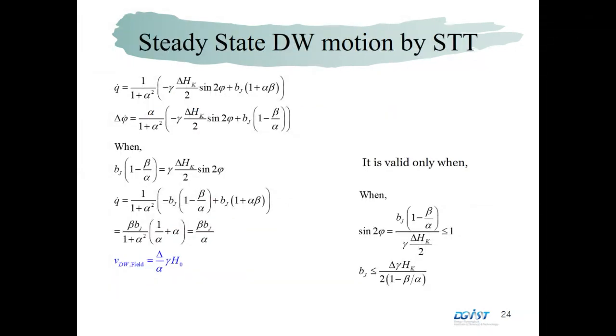But if we introduce the non-adiabatic torque, non-zero beta, we can rewrite the equation in this form. Okay, so that means if we satisfy this is 0, then we can find q dot by substituting this relation to here.